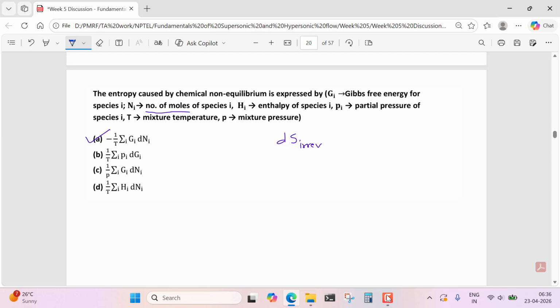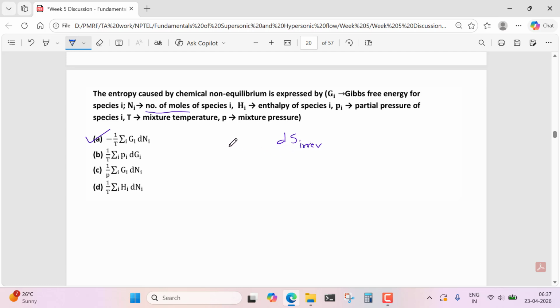Where this Ni is not the number of moles, it is the number of particles per mole of species i. Pi is the partial pressure of species i, T is the temperature of the gas mixture, P is the mixture pressure.